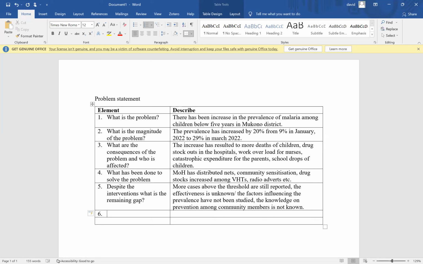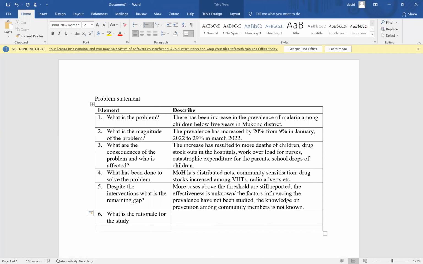So now we provide what we want to study and what's the rationale. So we shall say that we want to study.